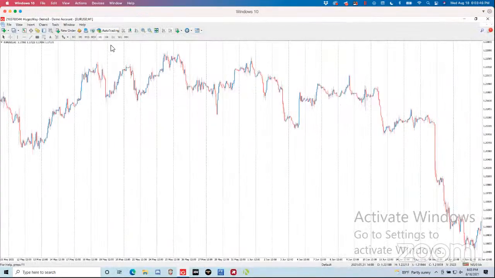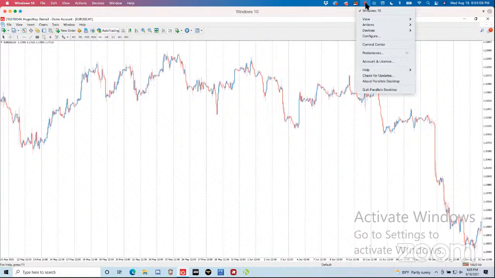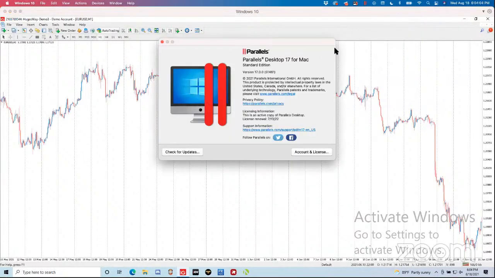I have this app called Parallels. I use that to install Windows on my computer. This is what it looks like. This is the Parallels app.